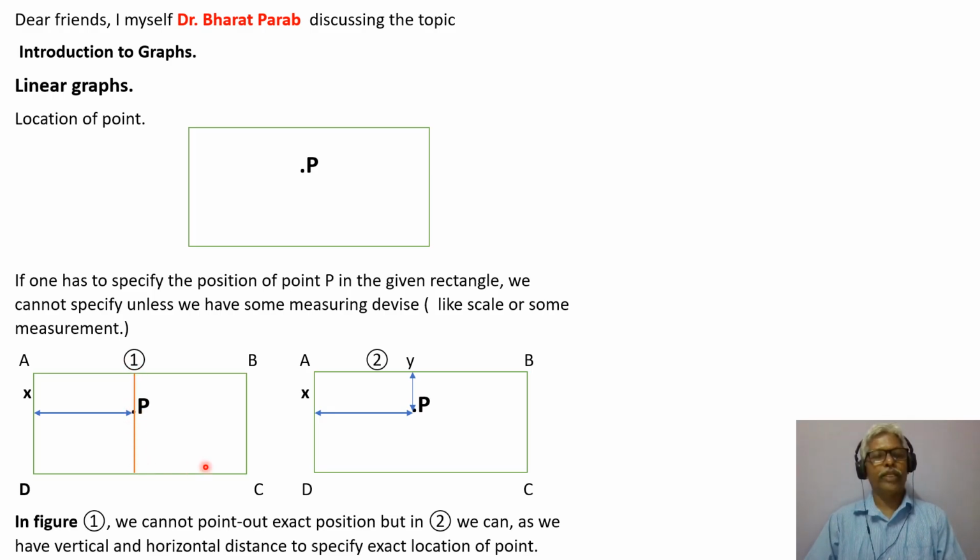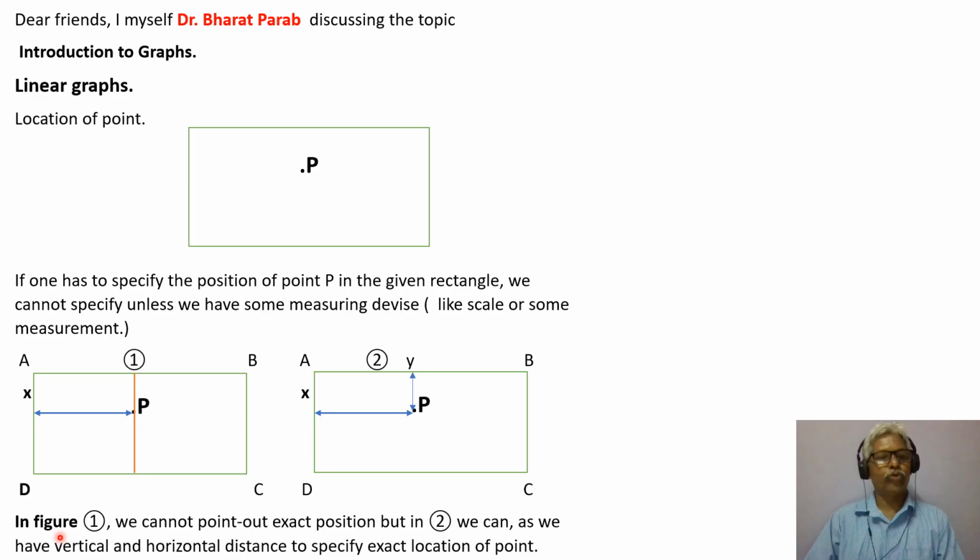In the next figure we have A, B, C, D the same. We have again denoted the position of P, this time at a distance of y units from AB. Now P can be explained as x distance from AD and y distance from AB, which are perpendicular to each other.